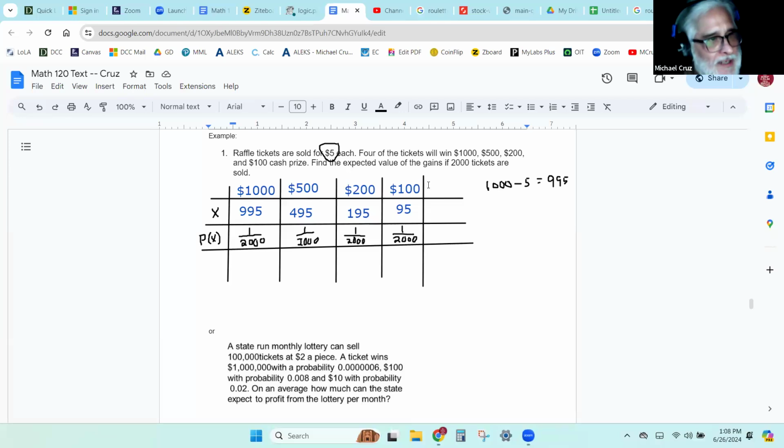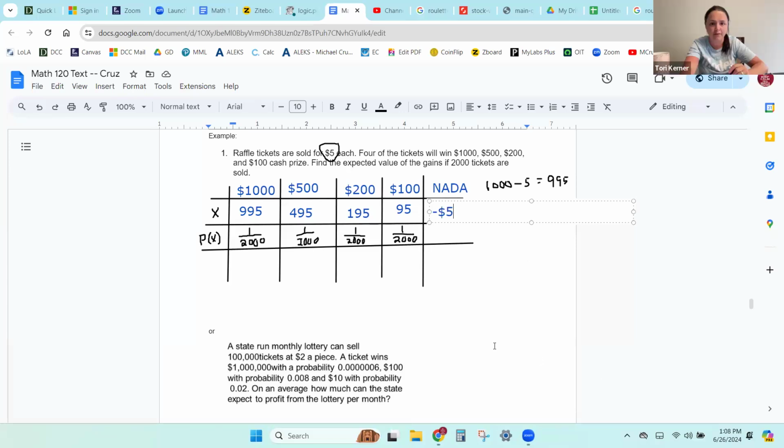What's the last option? Nothing. No winning. Get nothing out of it. The only thing you get out of it is what? Negative 5. Yeah, losing $5.